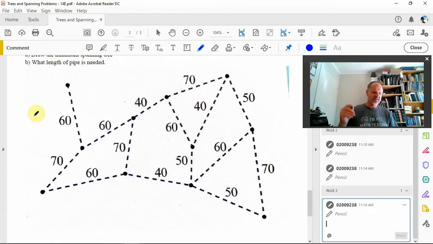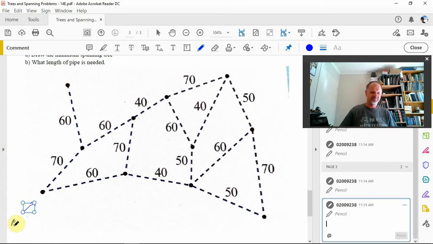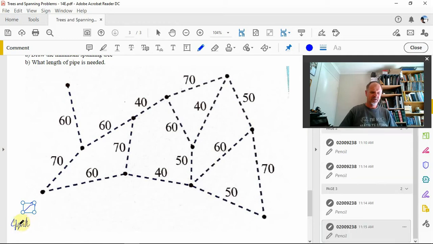I've decided that I'm going to start here, for no reason whatsoever. It doesn't matter where you start, you end up with the same result. So I'm starting here. The shortest way we can go from there is to here. That's 60.